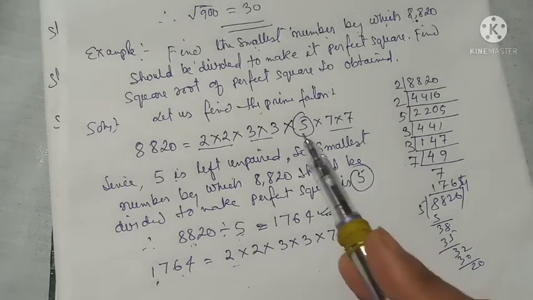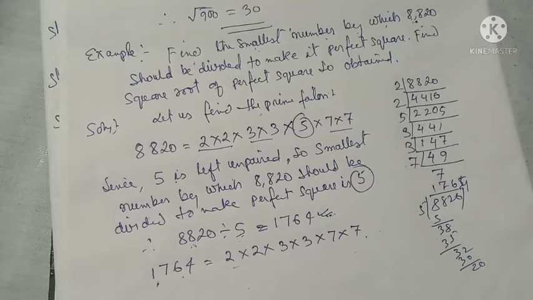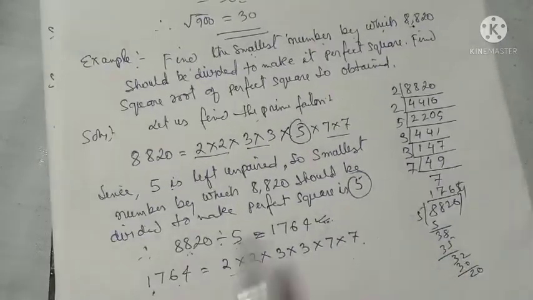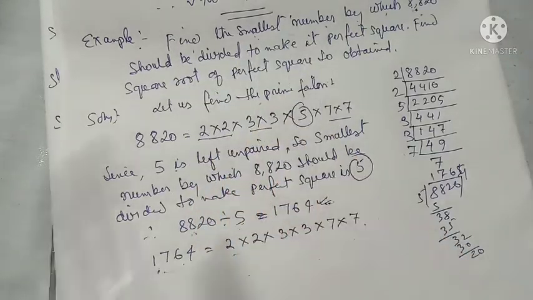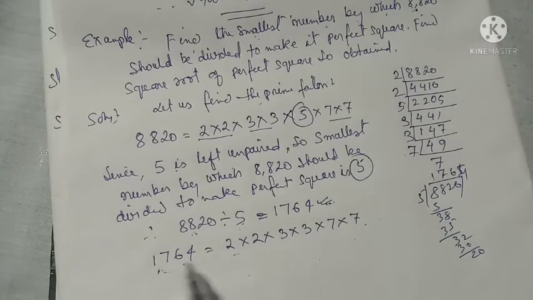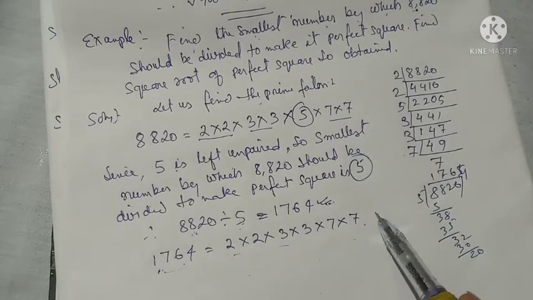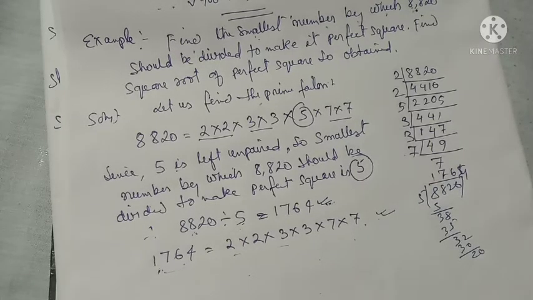There are so many methods to find it, this one for this question. So we are going to find the prime factors of this number, these are the prime factors of 1764.